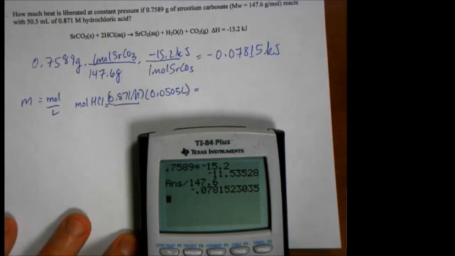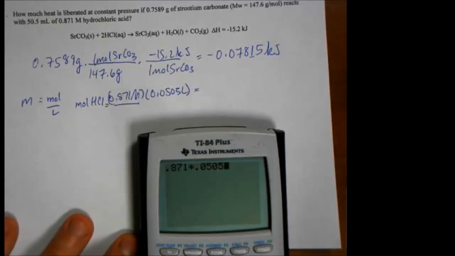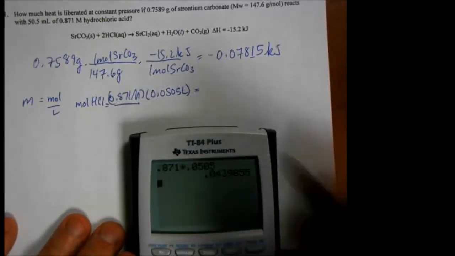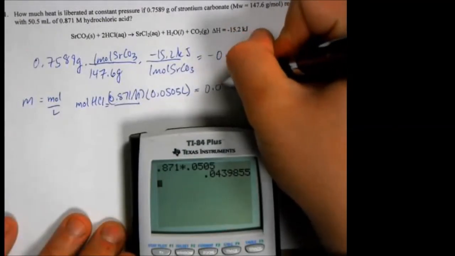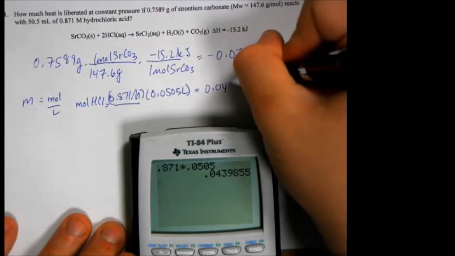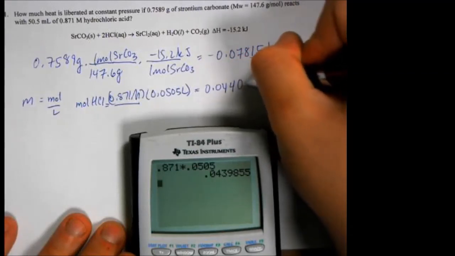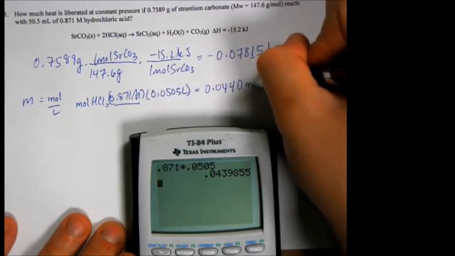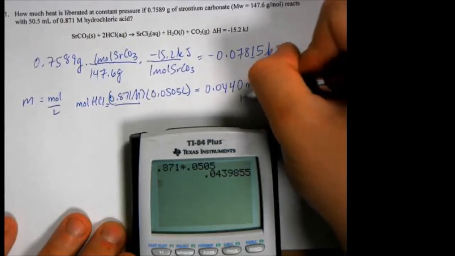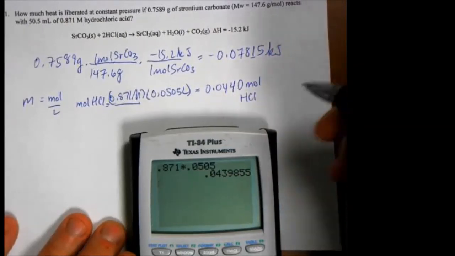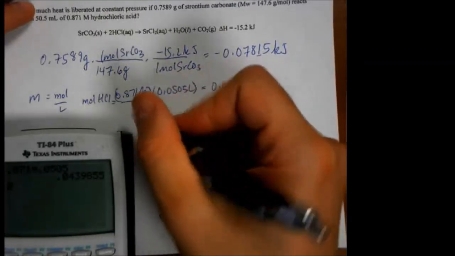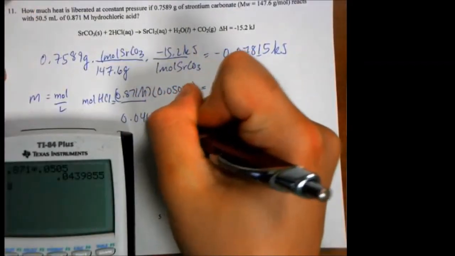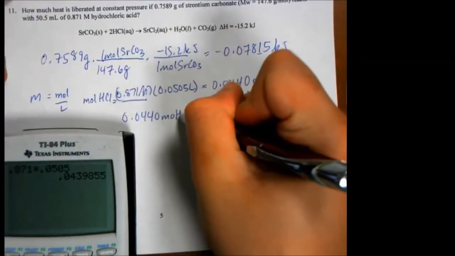So this is going to give a number of moles of 0.871 times 0.0505. So I get 0.0440 moles of the HCl. And then we have to convert this to an energy. So if we drop that down, 0.0440 moles of HCl.